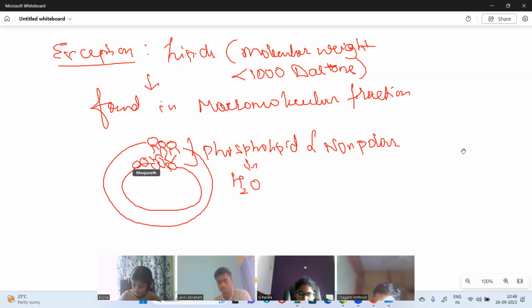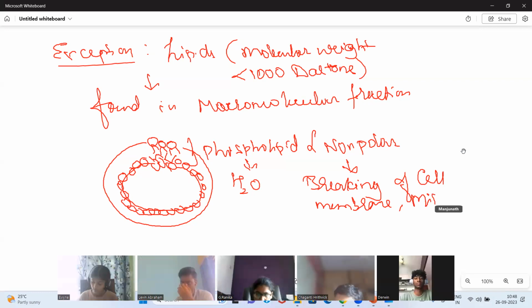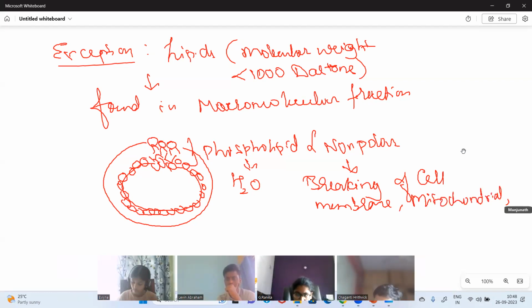This spherical vesicle is derived during the breaking of the cell membrane of the cell, including the mitochondrial membrane. All this I taught you in Cell the Unit of Life. Chloroplast membrane and including nuclear membrane.